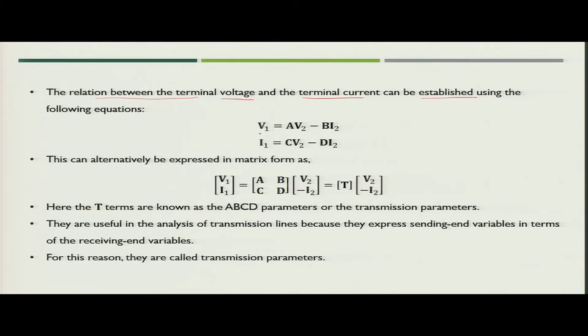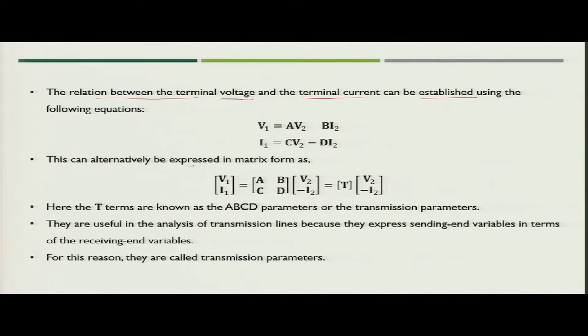The input port voltage V1 can be written in terms of output port voltage and current, defined as V1 = A V2 - B I2. Similarly, input port current I1 can be related to V2, I2, and we can write I1 = C V2 - D I2.